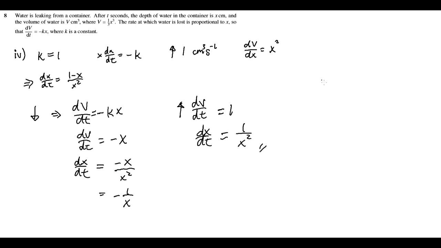So the total dx/dt, the total change, is equal to the sum of both of these. So it is 1 over x squared plus the negative 1 over x, which is (1 minus x) over x squared, which corresponds to this value right here.